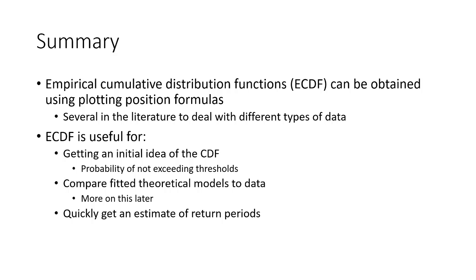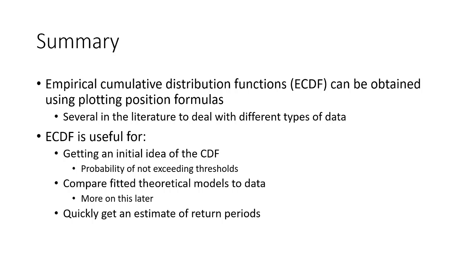To summarize, empirical cumulative distribution functions can be obtained using plotting position formulas. There are several in the literature to deal with different types of data. The ECDF, or the empirical cumulative distribution function, is what we get by applying plotting position formulas to our data. And the ECDF is important to get an idea of what that cumulative distribution function looks like. And also, if you want to quickly say, what is the probability of a threshold not being exceeded?